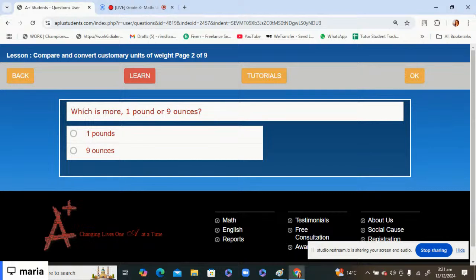As we know, 1 pound is equal to 16 ounces. So here is 9, so this is less. It means that 1 pound is greater as compared to 9 ounces. So you are going to put 1 pound, that is greater as compared to 9 ounces.